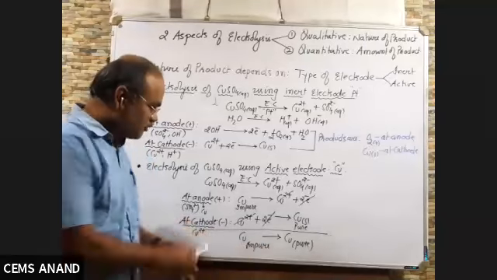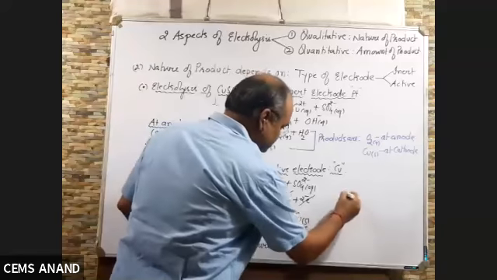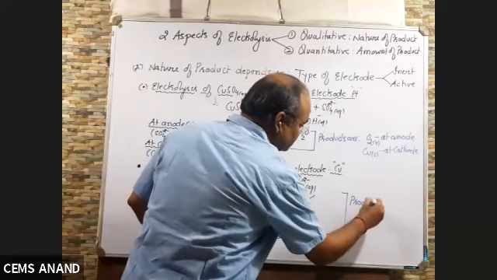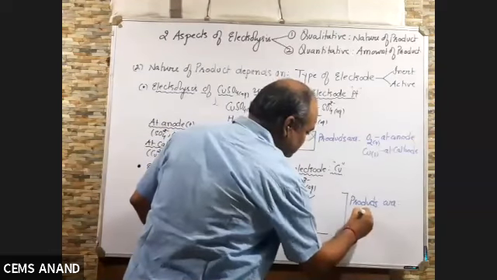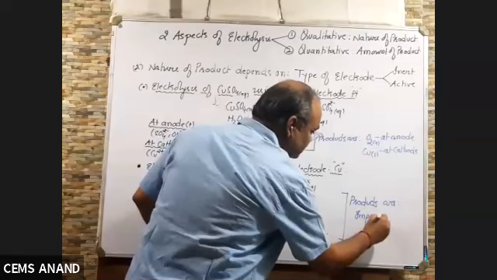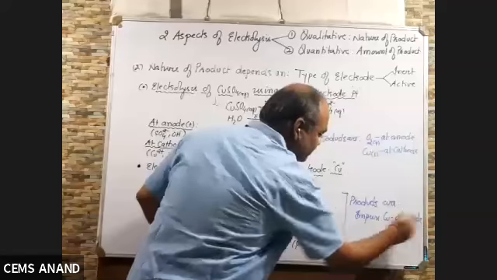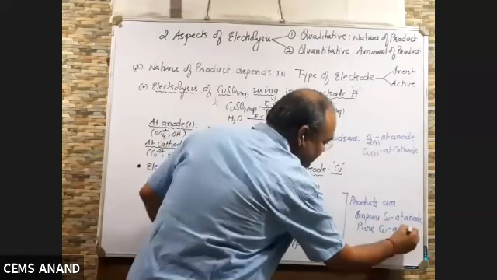So here the nature of the products: impure copper at the anode, pure copper at the cathode.